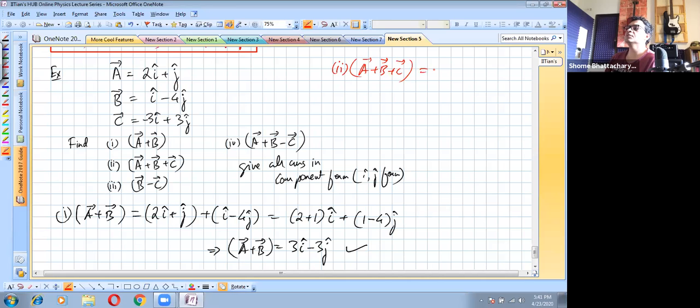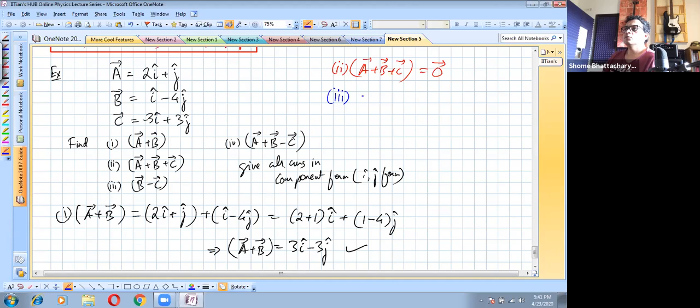So interestingly, their sum is a null vector. Similarly, the third part, yes, for me that's correct. Okay, good.